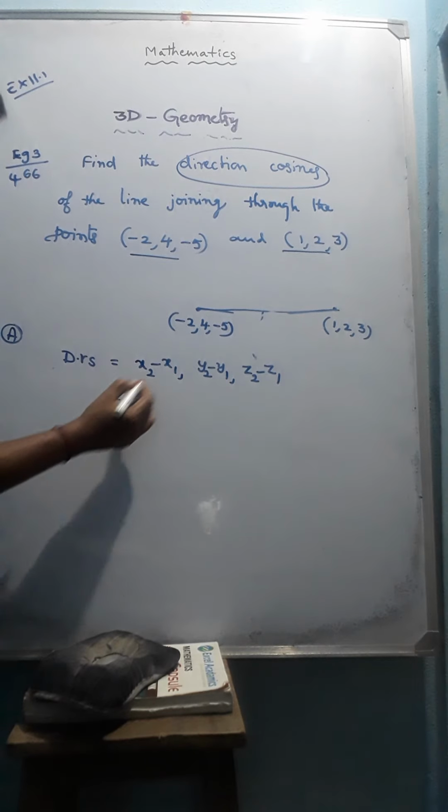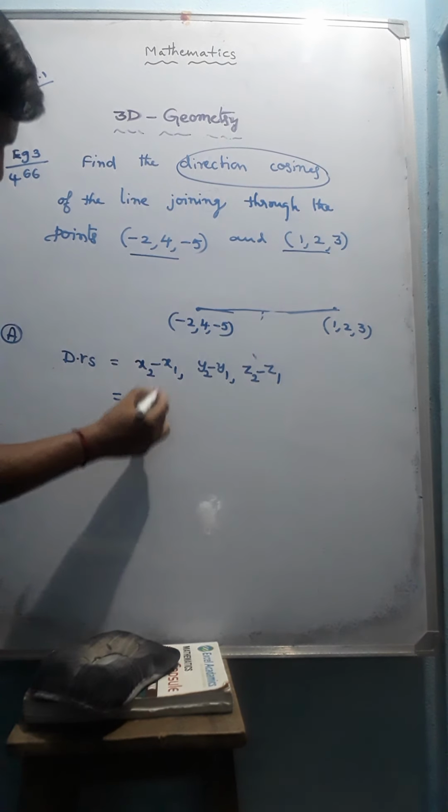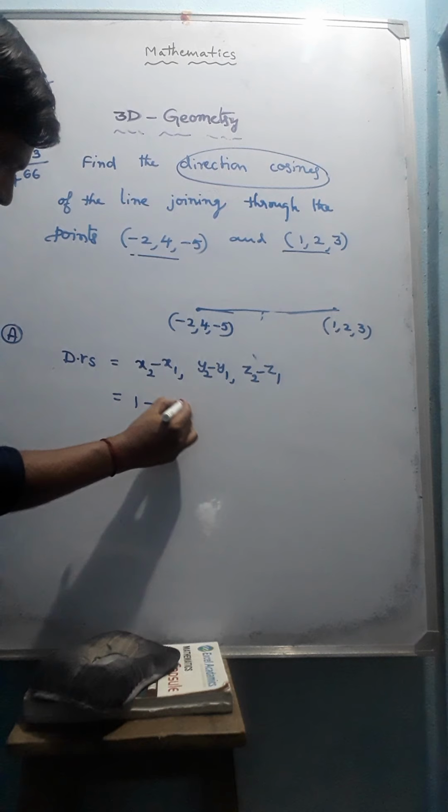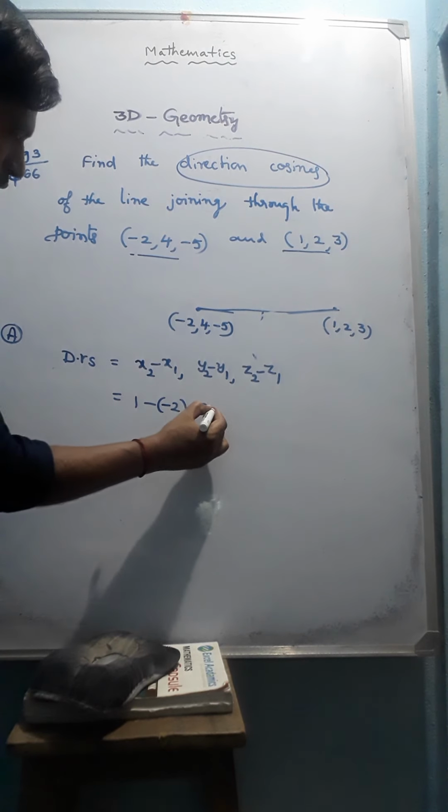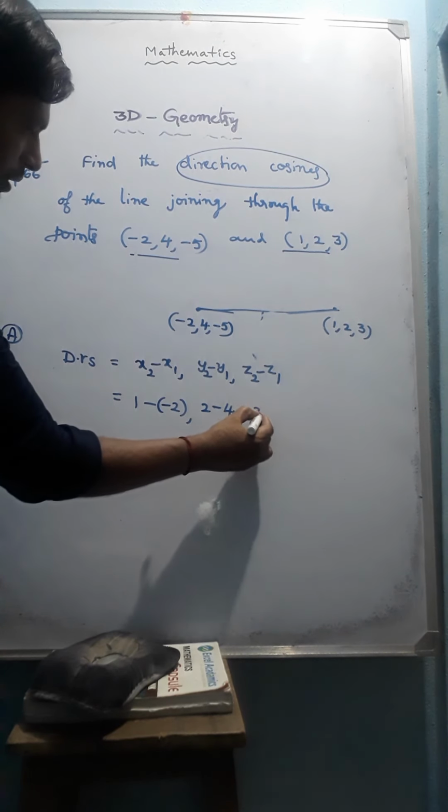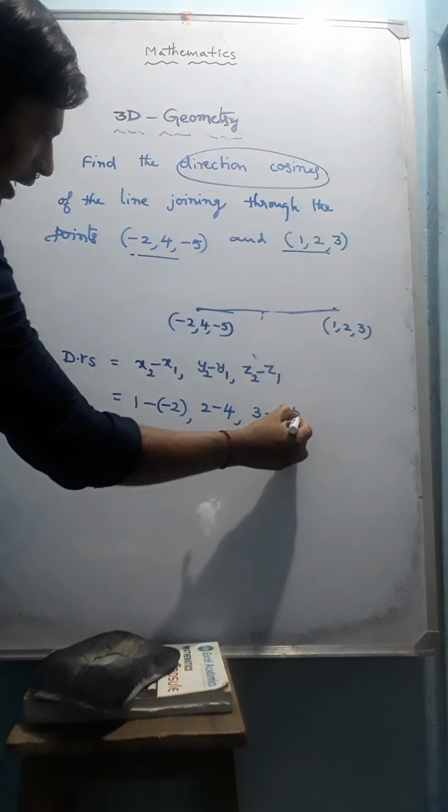That is equal to x2 value is 1, minus x1 value is minus 2, y2 value is 2, minus 4, z2 value is 3, minus z1 value is minus 5.